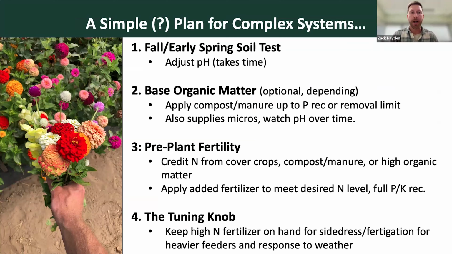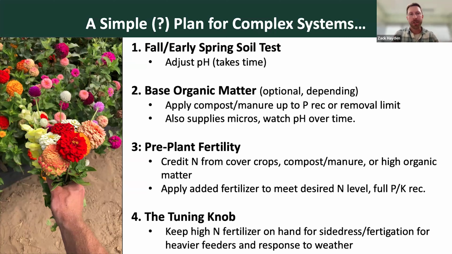You're on a diversified operation, and we've got 30 different crops being produced. We've got flowers in there. Things are coming in and out of different beds over the season. I understand that these systems get increasingly complex, and it's hard to optimize nutrients for everything. But this is kind of a general workflow that we can consider.